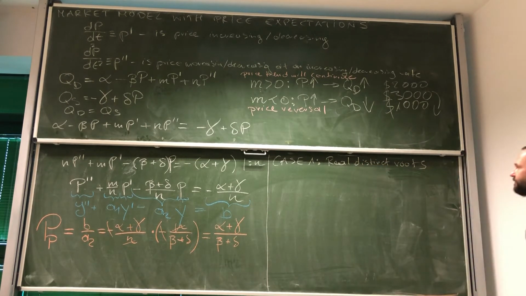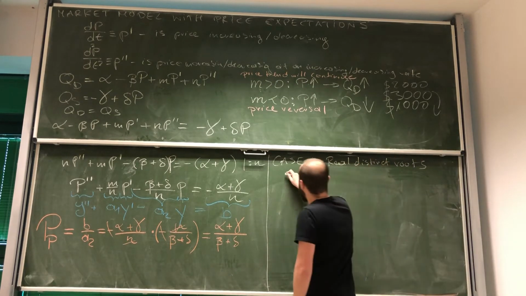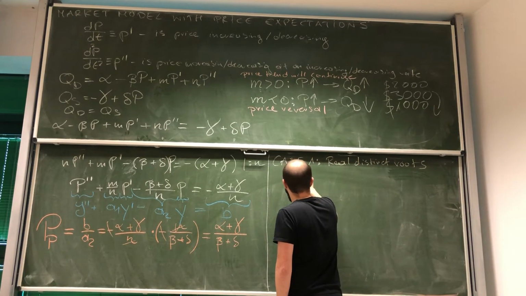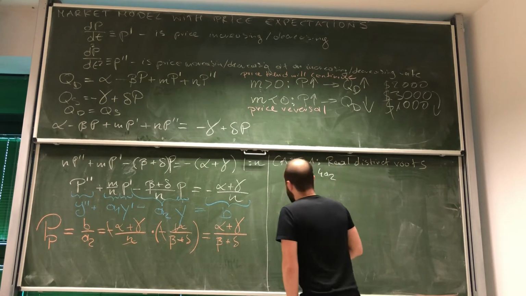When we have real distinct roots, a1 square is bigger than 4a2.